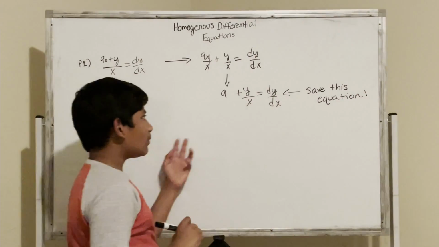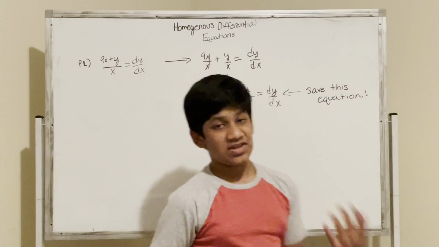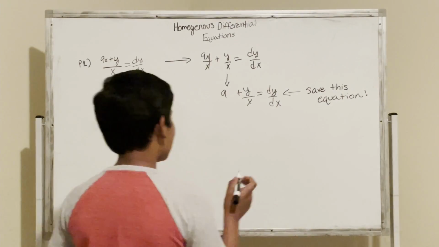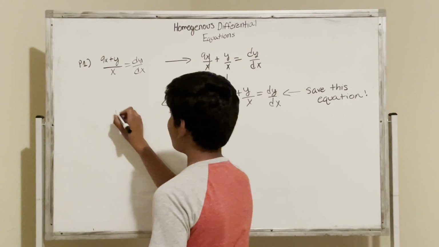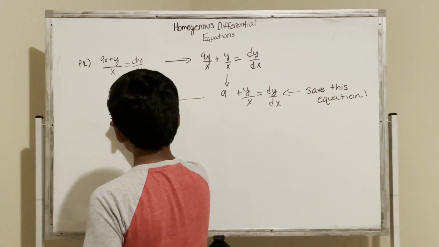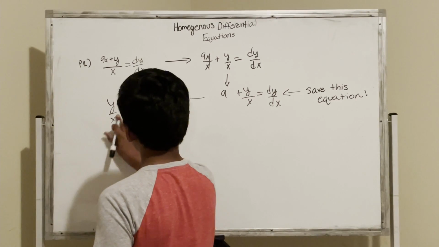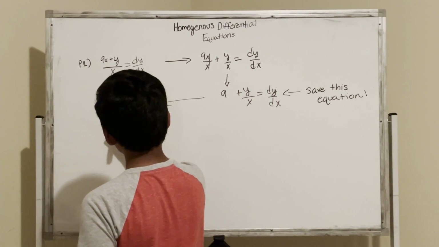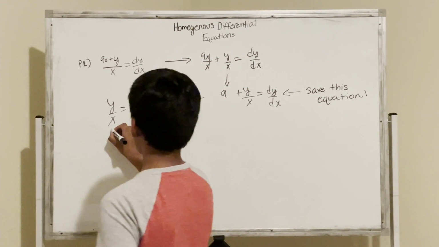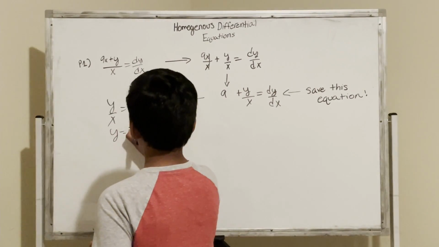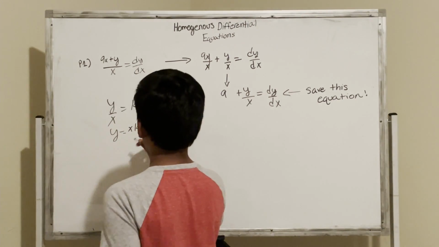Okay, so now that we have saved this equation, we can make some basic substitutions. So if we go over here, y over x is equal to k. So we're letting y over x equal k, so y must be kx.